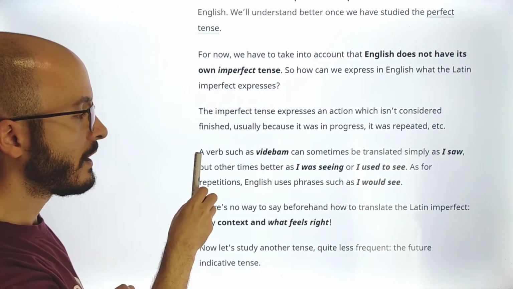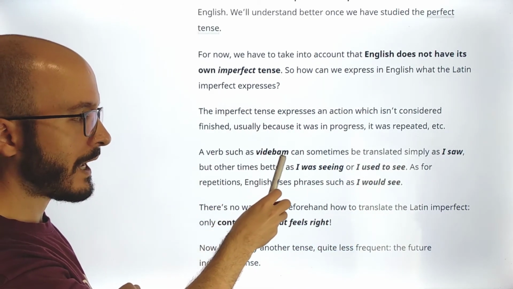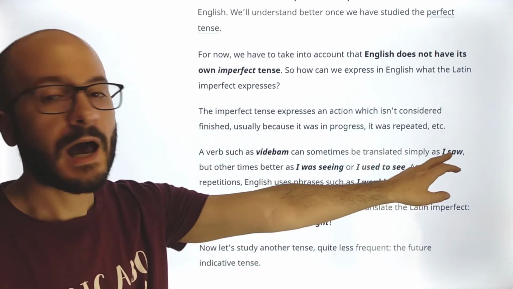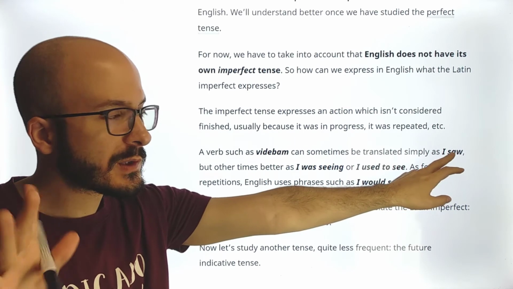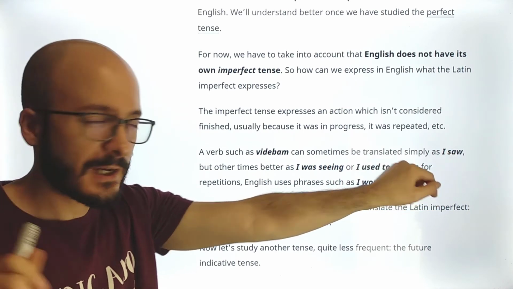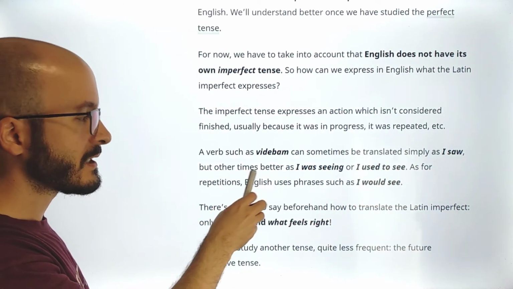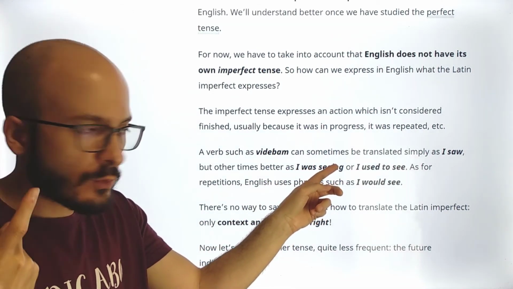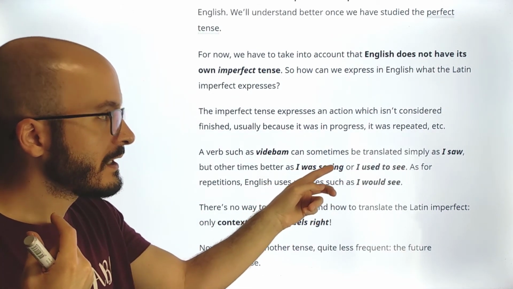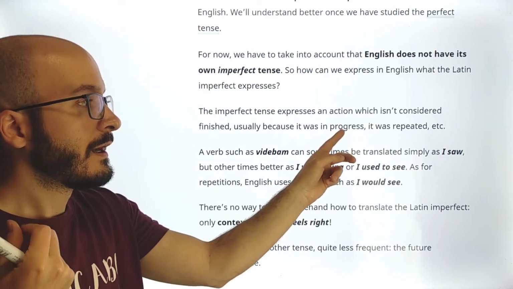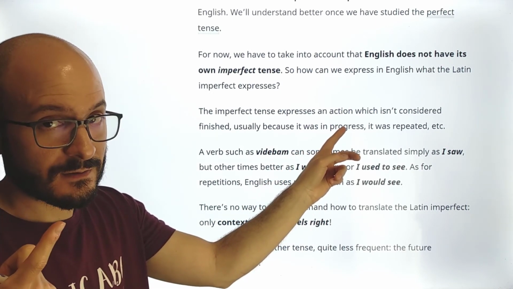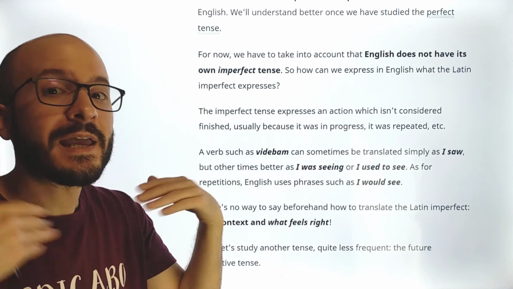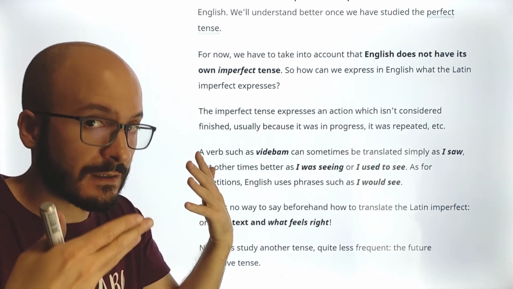Okay, so for example, a verb such as videbam can sometimes be translated simply as I saw. This is the most generic translation, let's say. But other times better as I was seeing. If you know some English grammar, you know that this I was seeing is actually called a progressive tense. Okay, it is a progressive tense, because I was seeing means that I am in the process of seeing something.